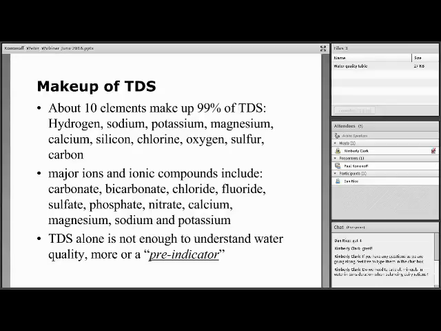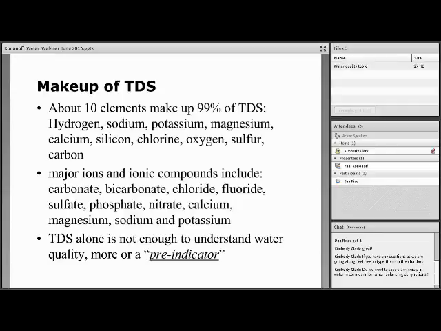The other thing which is probably more important to understand is you've got these different elements, and they actually come in different forms. And so you have different ions or ionic compounds which are found in total dissolved solids. And I've got these listed here. Things like carbonate, bicarbonate, chloride, fluoride, sulfate, phosphate, nitrate are major ionic compounds that are actually found in that water.